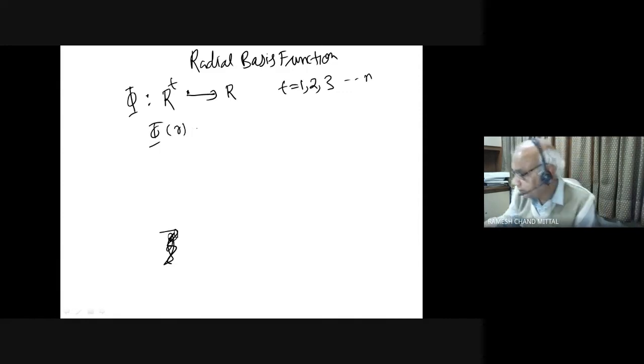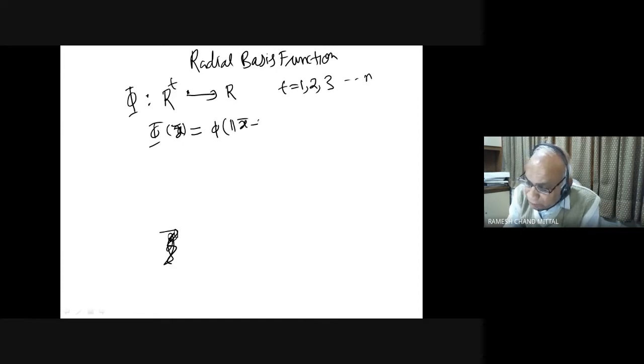This is defined as phi of r equal to something which is a function of x, where x is a vector, which is nothing but x bar minus c.